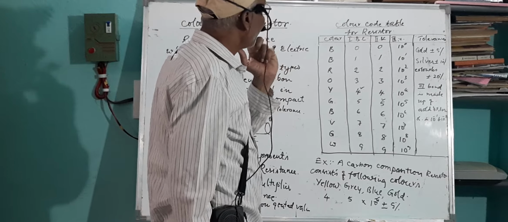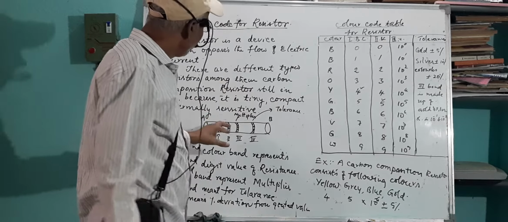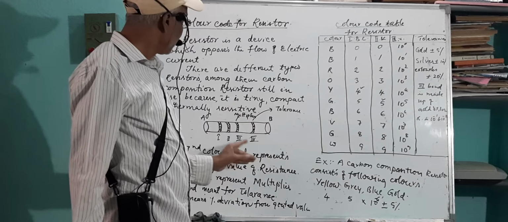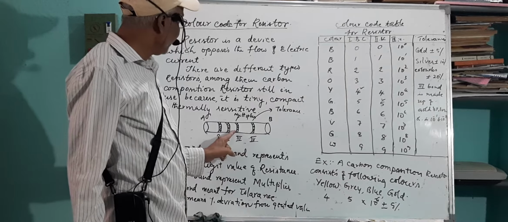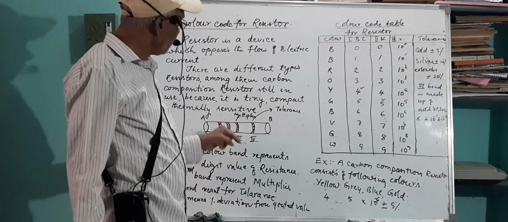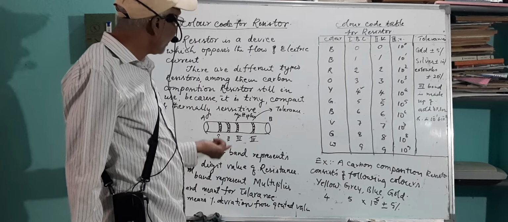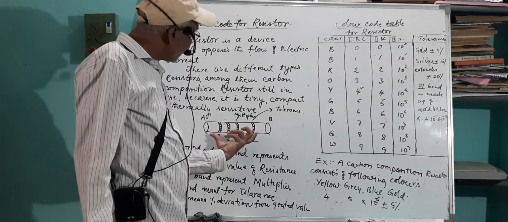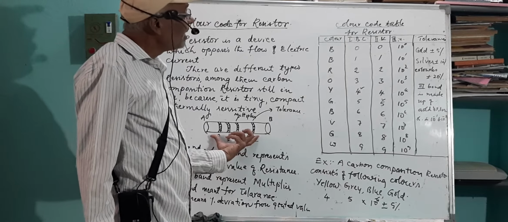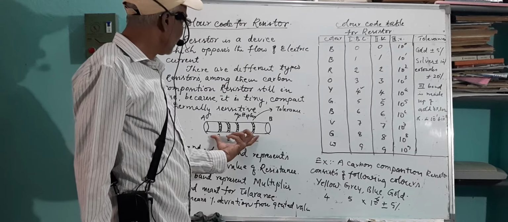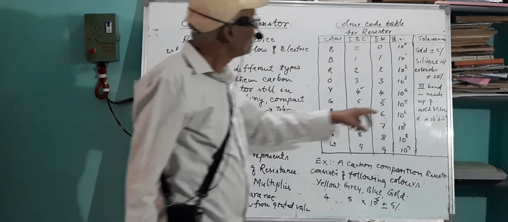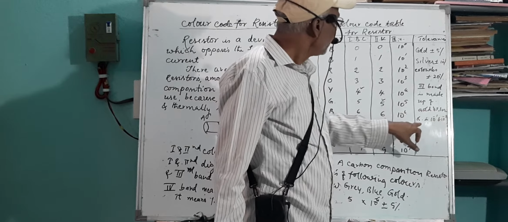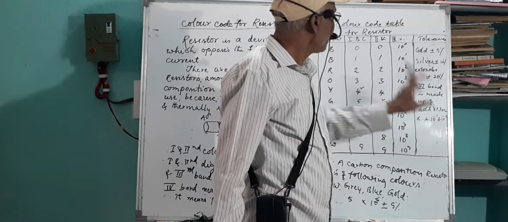Now sometimes the fourth band will not be there. Sometimes in a carbon composition resistor, the third color band may be made up of gold or silver. If it is made up of gold color, the resistance value of this resistor falls less than 10 ohm. So how to find it? If the third band is gold, its power is 10 to the power minus 1.